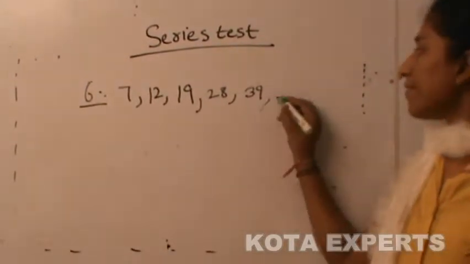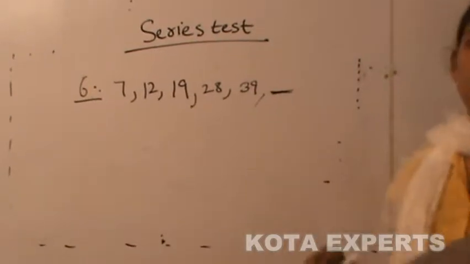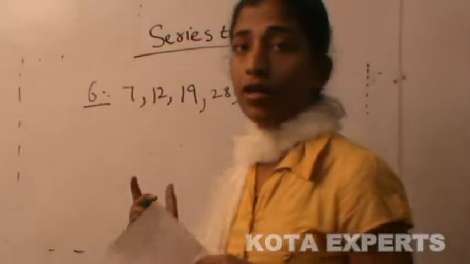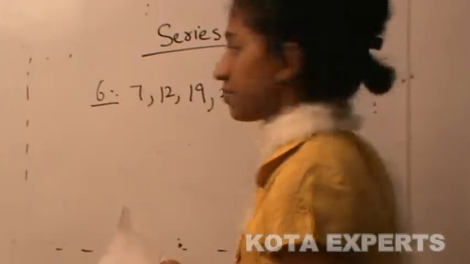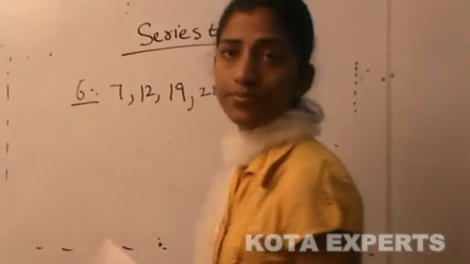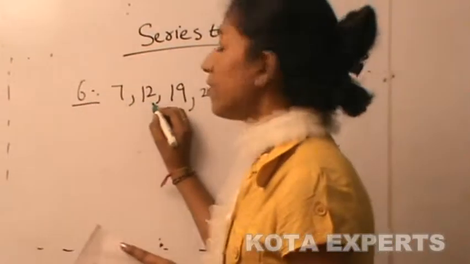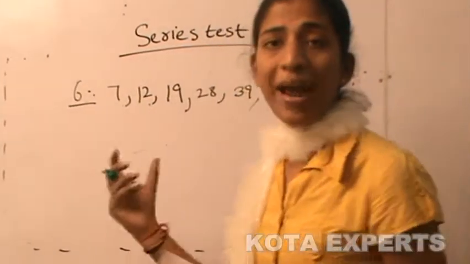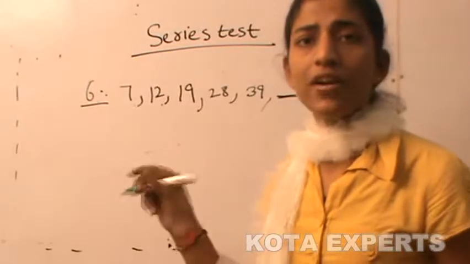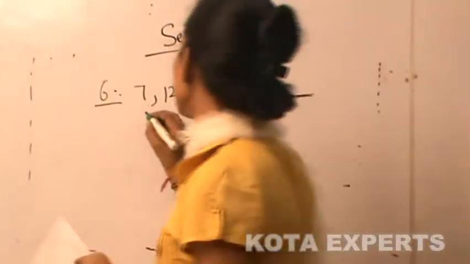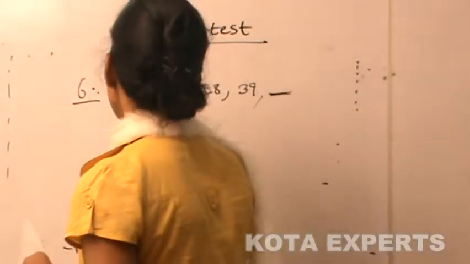We have to find the next number that will follow the same pattern. So, write 7 and 12. What pattern will it follow? 7 and 12, the difference is 5.